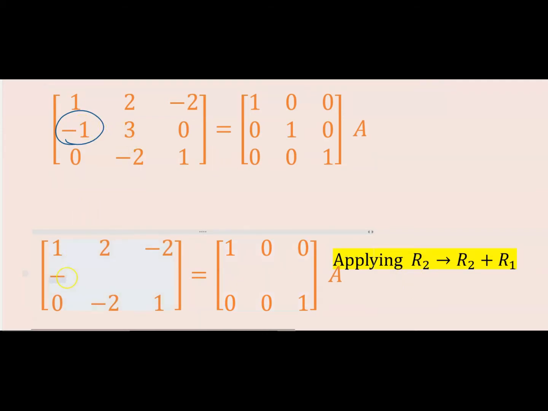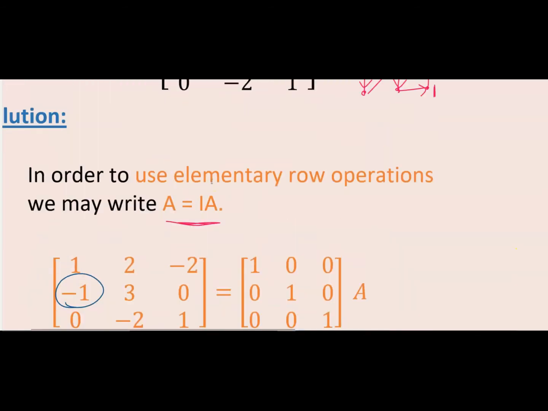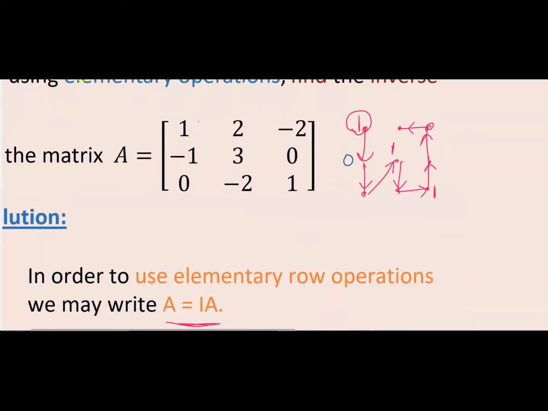This will be 0, and then 3 plus 2, that is 5, and 0 minus 2, that is minus 2. On the right hand side, this will be 0 plus 1, that is 1, 1 plus 0, that is 1, and 0 plus 0, that is 0. Now, following this pattern, we are done with this one.